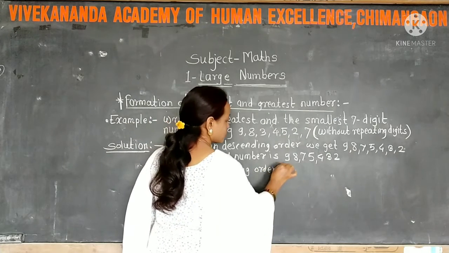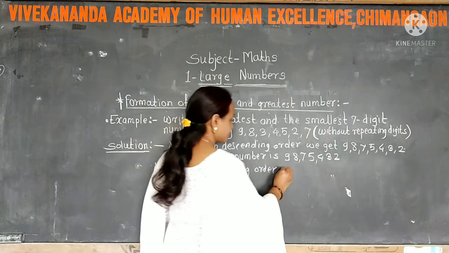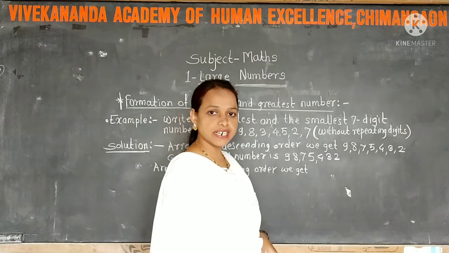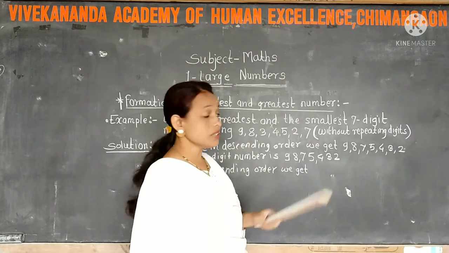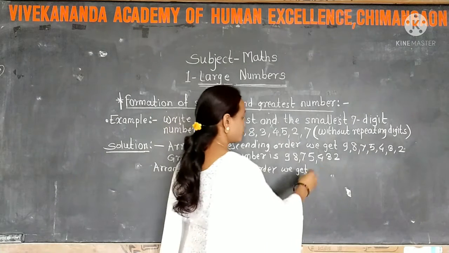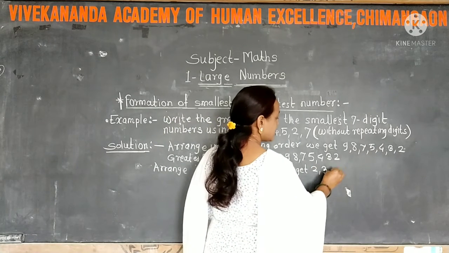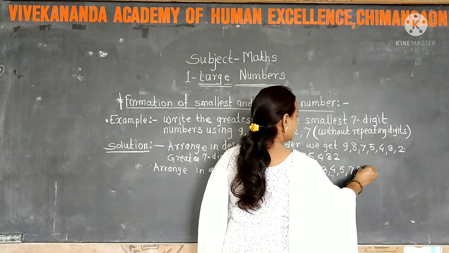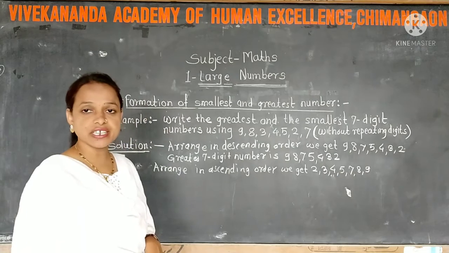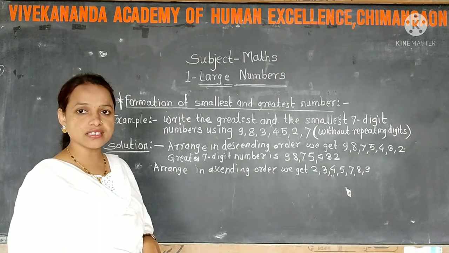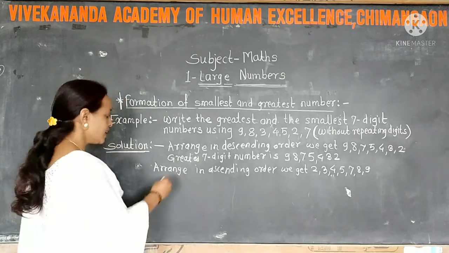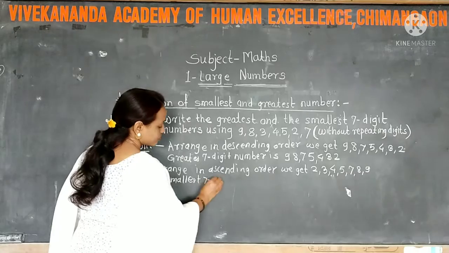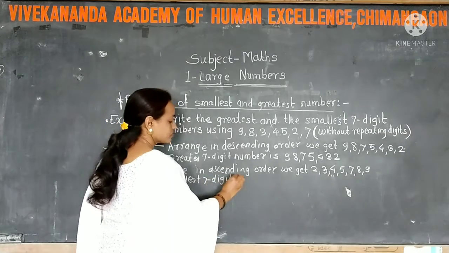We get 2, greater than 2, 3, then 4, 5, 7, 8, 9. By arranging the given digits in ascending order, we get the smallest 7-digit number without repeating a digit.